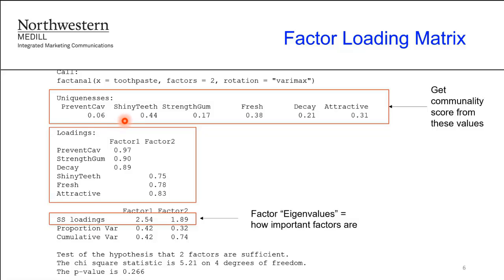And how about the second variable, shiny teeth? 1 minus 0.44 is over 0.5, so its communality is over 0.5, and we want to keep this variable as well. The strength gum's communality is also over 0.5 because 1 minus 0.17 is over 0.5, so we keep it. And fresh, its communality is definitely over 0.5, so we will keep this one as well.